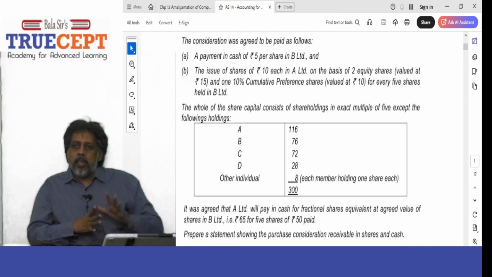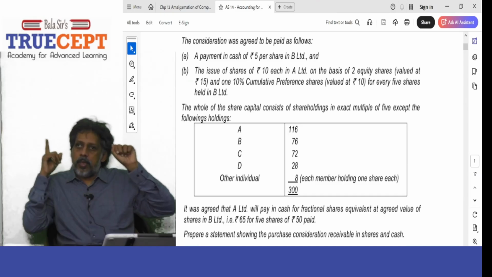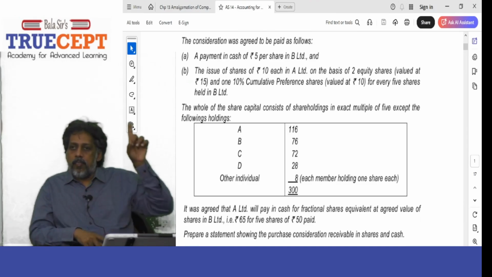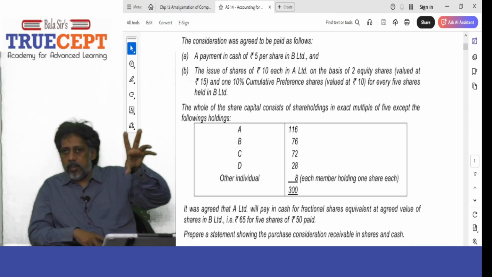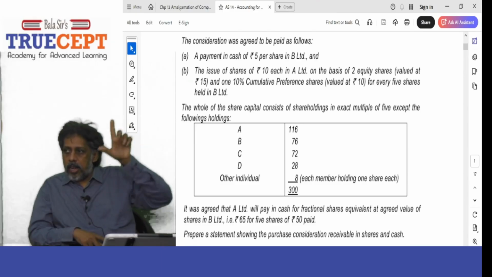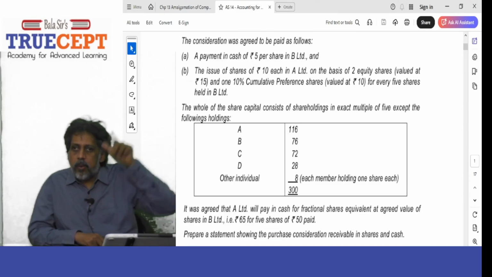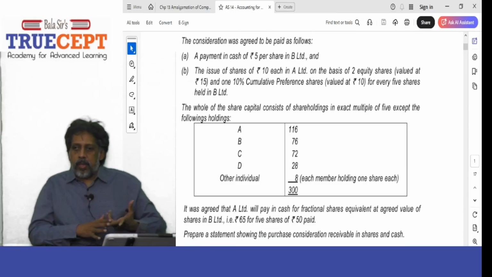If 50 rupees is worth 65 rupees, what is the worth of 150 rupees of shares? What is 150? 15 into 10 rupees, 150 rupees, right? The paid value of the fractional shares. So what is 65 rupees by 50 rupees into 150 rupees? It is also 195 rupees.